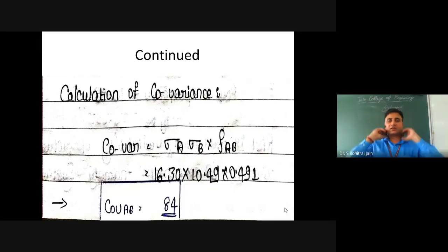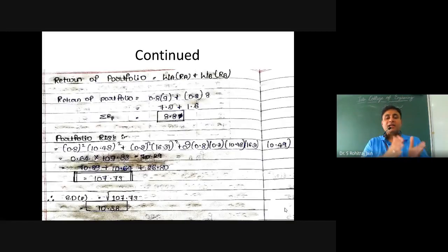So how have I calculated the covariance? Covariance is equal to standard deviation of A multiplied by standard deviation of B multiplied by the correlation coefficient that exists between security A and B. Okay. Still it continues, students, because they have asked me to calculate the portfolio risk. So first we have to calculate the return of the portfolio.